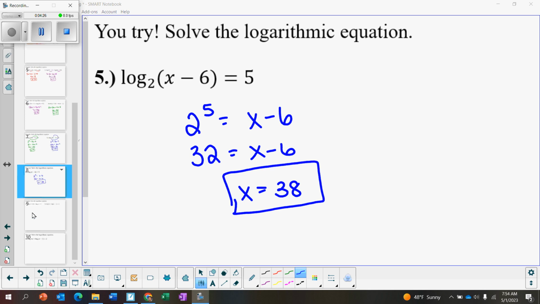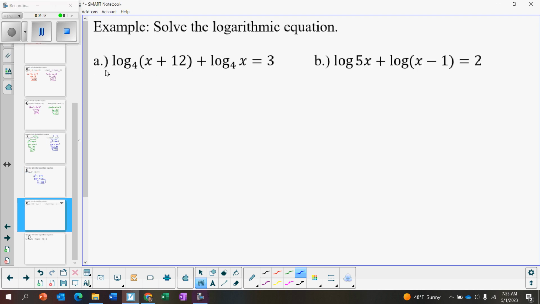So some logarithmic equations will still have multiple logs in them, but they're all on one side of the equation. So what we're going to do is condense it first before we solve. So on this one, we have log base 4 of x plus 12 plus log base 4 of x equals 3. So we know the plus really means multiplication.